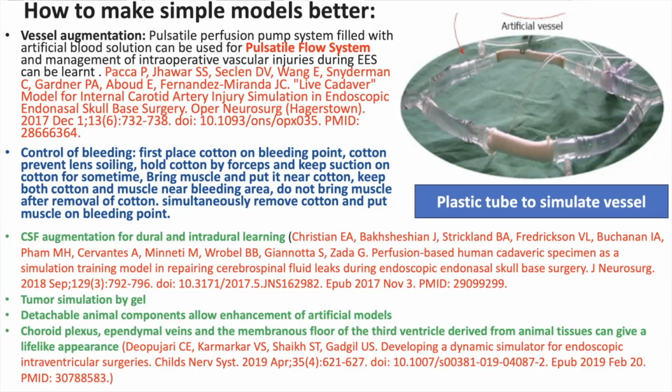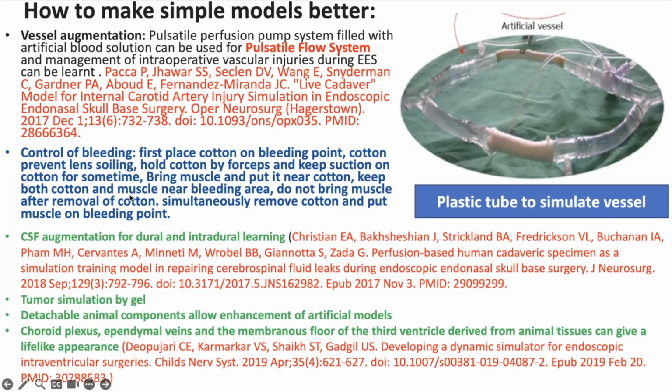To control bleeding, one should place cotton first on the bleeding point under endoscopic control. Cotton prevents lens staining. Hold the cotton by forceps and keep suction on the cotton for some time. Bring muscle and put it near the cotton.